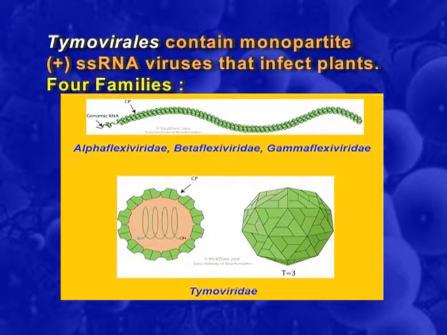Next, we are coming to the Tymovirales order. This Tymovirales comprises plus sense single-stranded RNA viruses that infect mostly plants. Herein, we have 4 different families called Alphaflexiviridae, Betaflexiviridae, Gammaflexiviridae and finally Tymoviridae. So, this is all about the 6 orders that were clubbed together in the 2011 ICTV database.